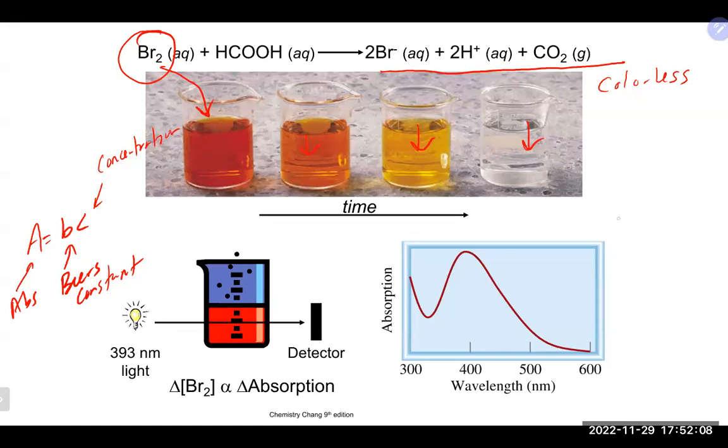Absorbance works because the darker the color, the more absorbance you have. The lighter the color, the less absorbance you had. And you should remember a curve like this if you were the spectrometer master. Is that what they called you in that experiment? So this is right where we choose our maximum wavelength.